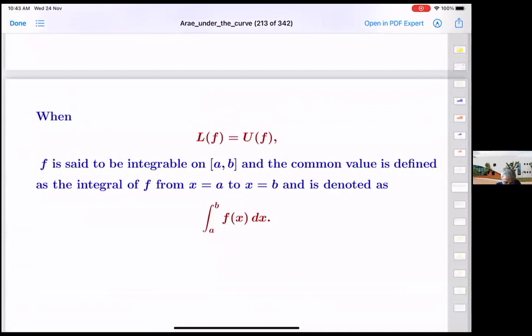If f is a continuous function on this closed bounded interval a to b, then L(f) is equal to U(f). So every continuous function on the closed bounded interval [a,b] is integrable. And this is a definition due to Riemann.